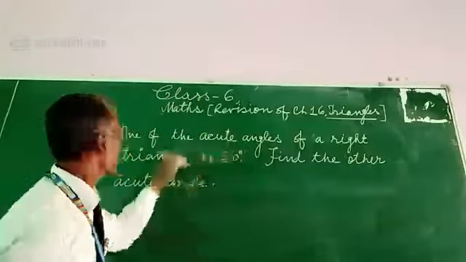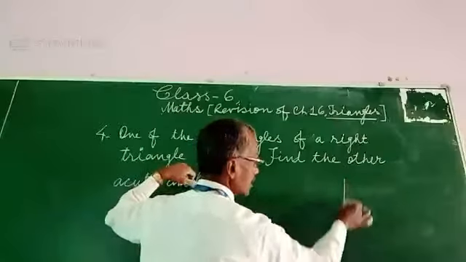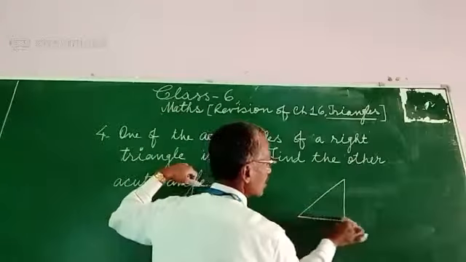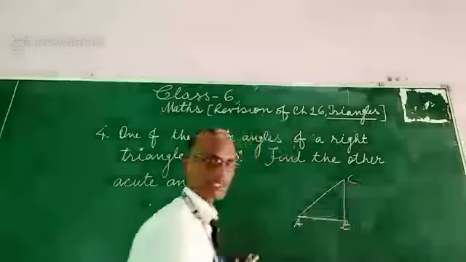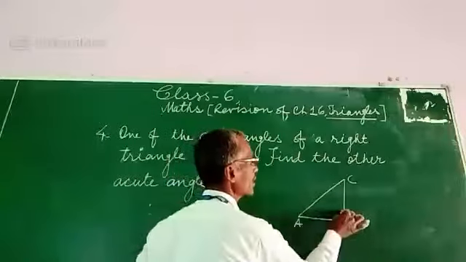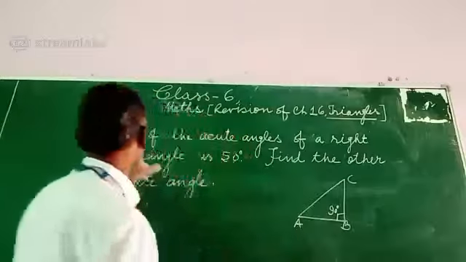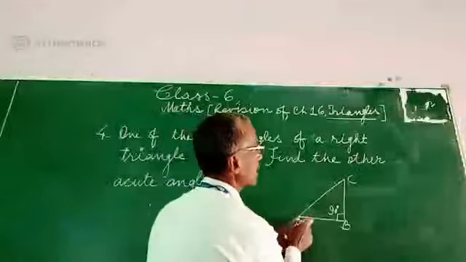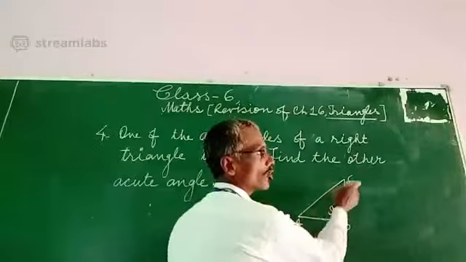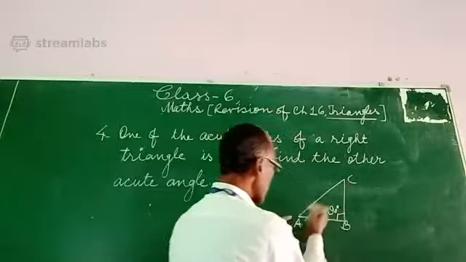The given triangle is a right angle triangle. Let us suppose that ABC is a right angle triangle. One angle is 90 degrees, and the rest, angle A and angle C, are the two acute angles.